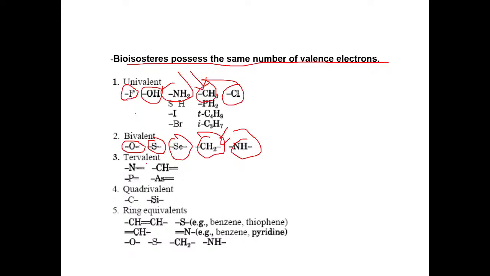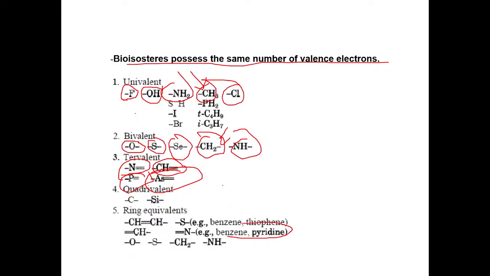Okay, trivalent, for example, nitrogen is trivalent, so that can be replaced with CH, phosphorus, arsenic. Quadrivalent carbon can be replaced with silicon, and ring equivalents like CH double bond CH in a ring can be replaced with N in benzene and pyridine.